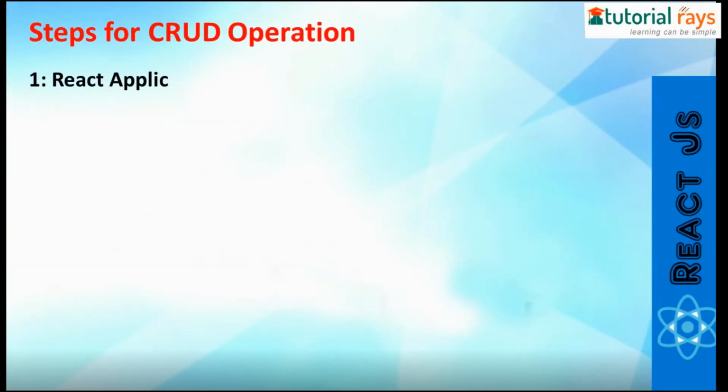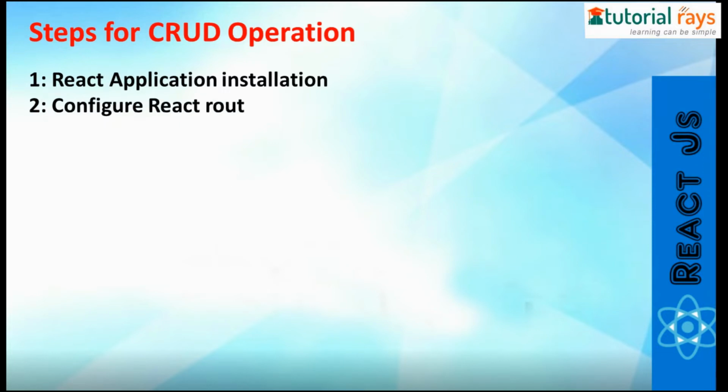Now here are the steps that we will be following during this CRUD operation. The first one is React.js application installation. So we will install the React.js application first. The second one will be configure React routing.